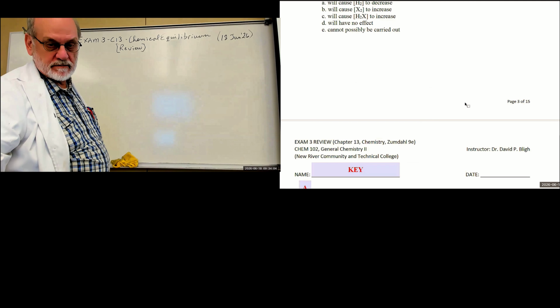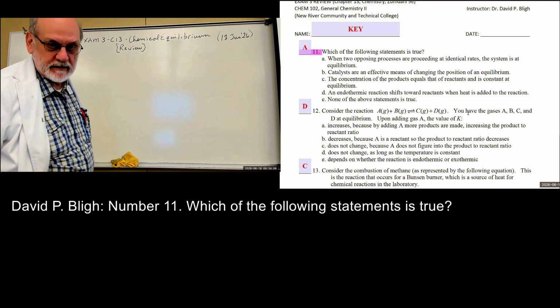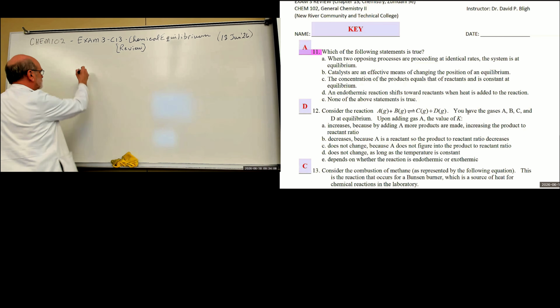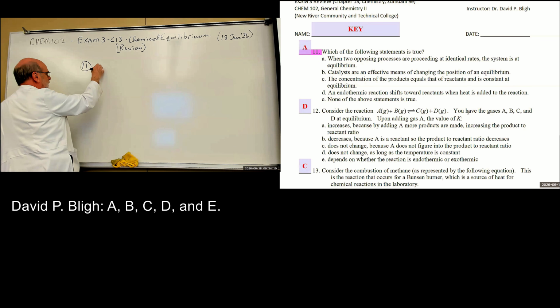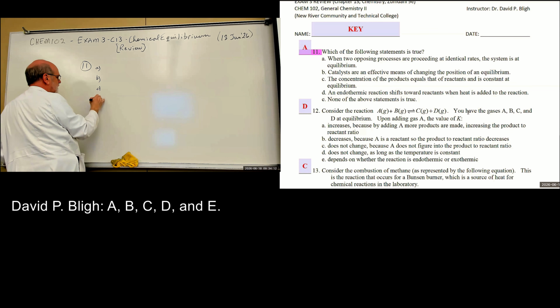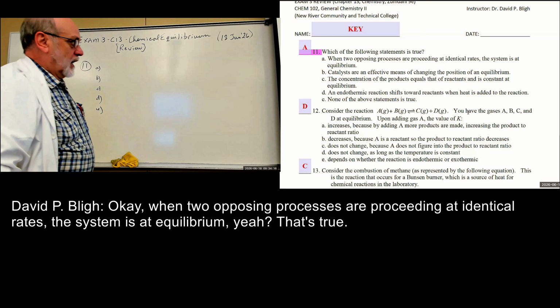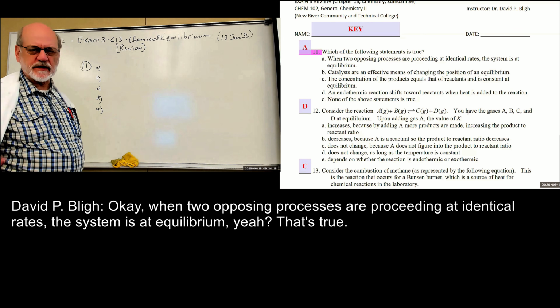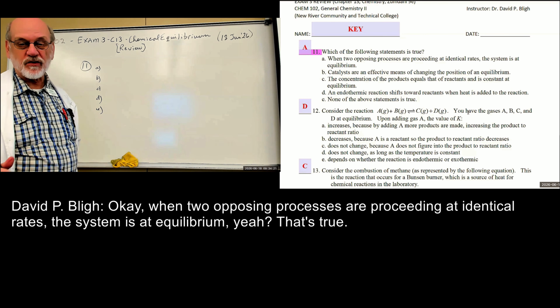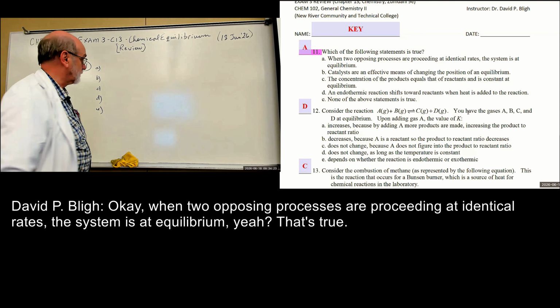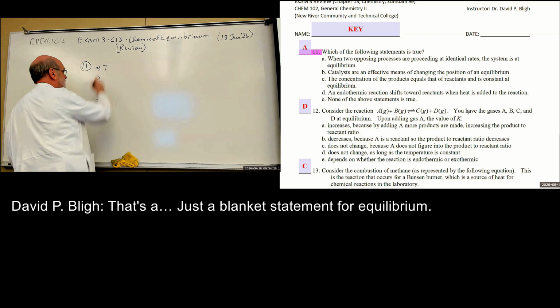Get down, come on. Number 11. Which of the following statements is true? A, B, C, D, and E. Okay, when two opposing processes are proceeding at identical rates, the system is at equilibrium. Yeah, that's true.